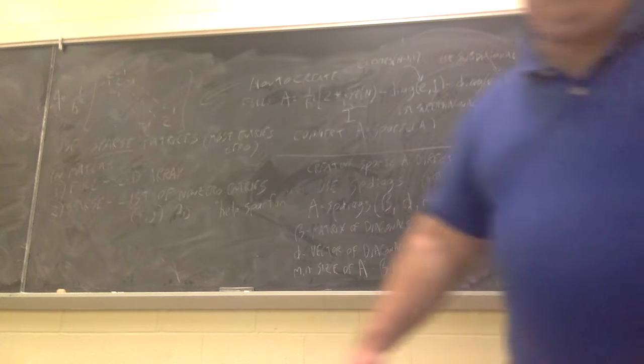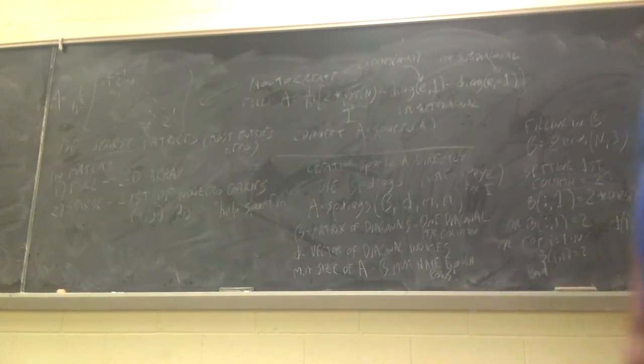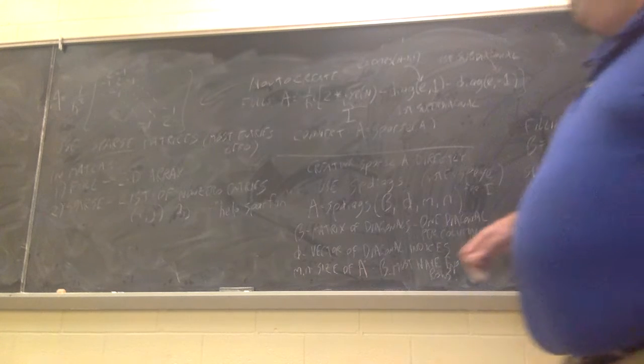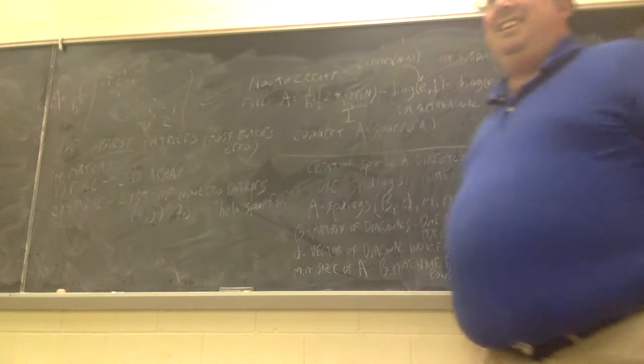If you look at the help page for spdiags, they do it a little differently because they order the diagonals differently. But it doesn't really matter, as long as you check your matrix when it's done.